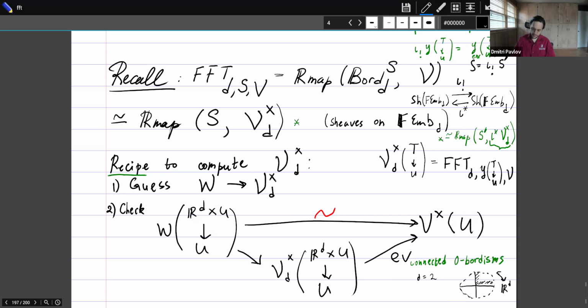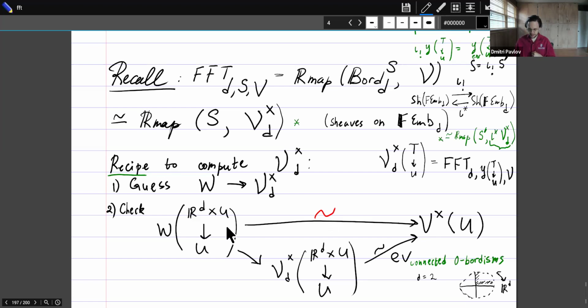And GCH part 2 tells you that this map is a weak equivalence. And therefore, to show that this map here is a weak equivalence by the 2 out of 3 property of weak equivalences, you might as well show that the top map in the diagram is a weak equivalence.